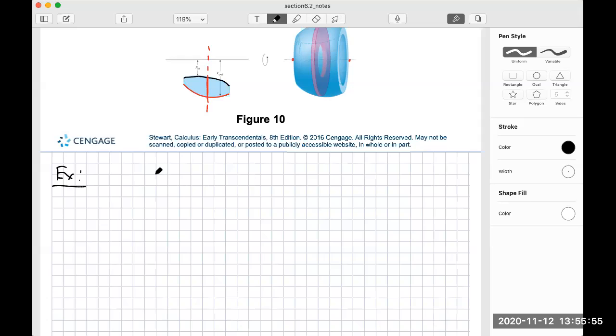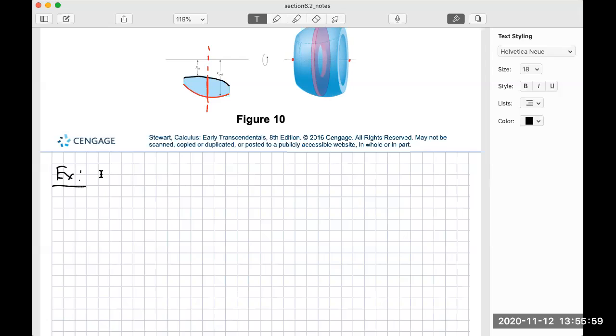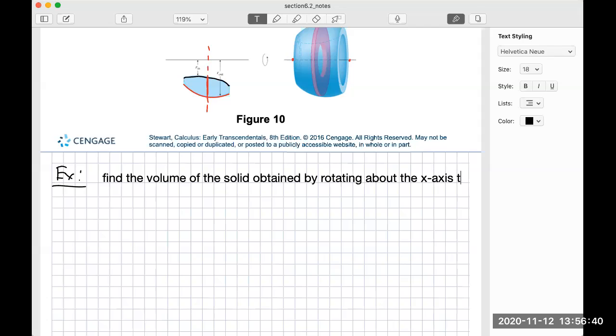So find the volume of the solid obtained by rotating about the x-axis the region under the curve y is equal to square root of x from 0 to 1.